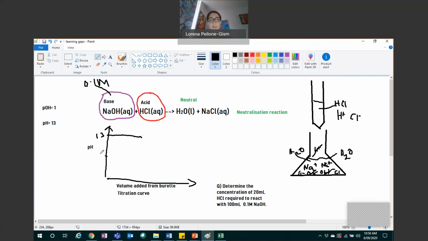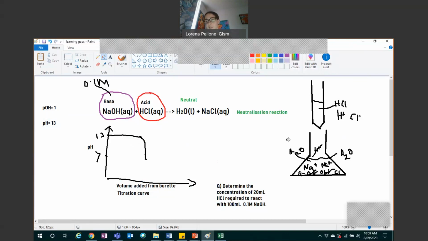And what happens is you actually get a drop to 7. And then it turns green. So it actually goes from purple to green, and that's when you stop your titration. That's called the endpoint.